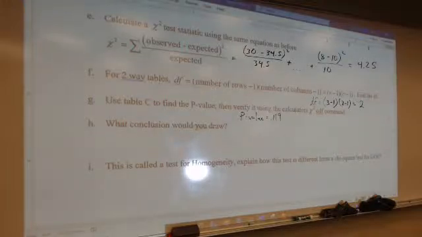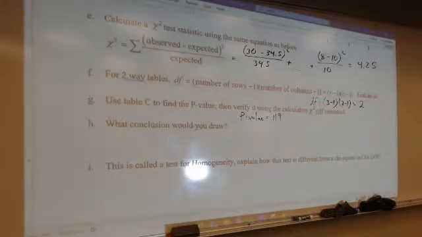Okay, last one. This is called a test for homogeneity. Explain how this test is different from a chi-square test for goodness of fit. Well, a couple things. Goodness of fit only had one sample, first of all, and you're testing it against a claimed distribution. There's still one variable, so it's similar. For the M&Ms, it was color.